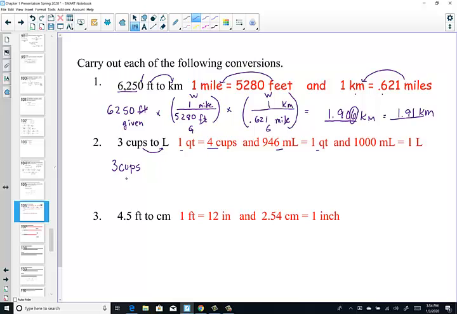If we start with cups, that's our given unit, I know with certainty that cups has to be on the bottom down here. And if I can get the number of cups to exchange into a quart, I then have the ability to use the second conversion factor. I want quarts to then cancel, and I need to bring it to an ml. And I can see that 1 quart is equivalent to 946 mils.